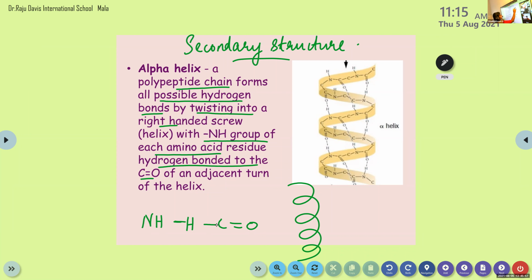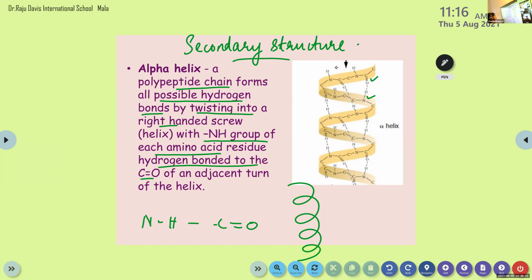Here it is CO, that is from the carboxyl group or carboxylic acid. That is linked to the amino group of the next chain with hydrogen bond. And it is arranged in a twisted way, similar to a right-handed screw. So this one is known as alpha helix structure.